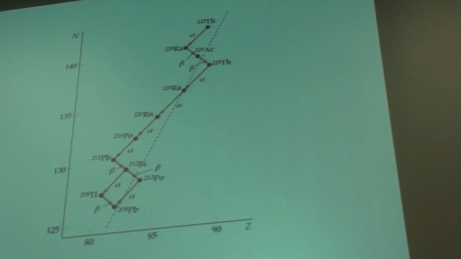And so we can see then that thorium, with a little higher value for the N to Z ratio than 1.5, can decay by an alpha decay into something that's a little lower, but that alpha decay process, in this case, would bring it down along a diagonal in which the number of neutrons would decrease by 2, and the number of protons would also decrease by 2.